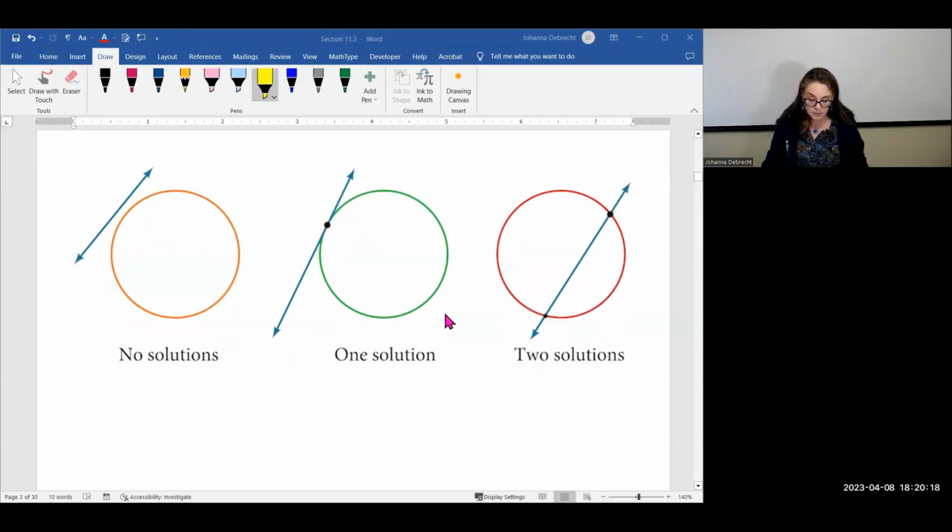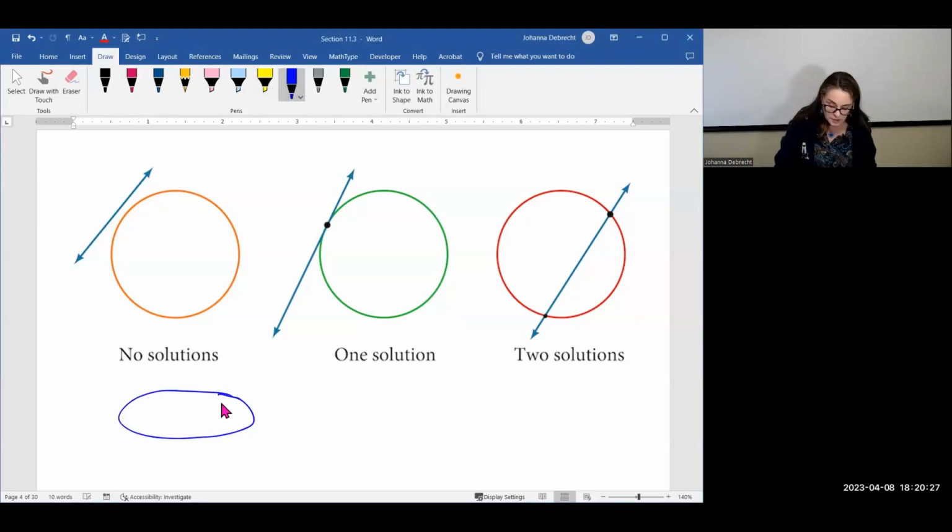Now we can do the same thing, of course, if we have an ellipse. Oops, I guess I should choose a different color for the ellipse. If I have an ellipse, I could have something over here, no solution, or I could make it barely touch at one point, one solution, or I could make it cut through, and then there are two solutions.